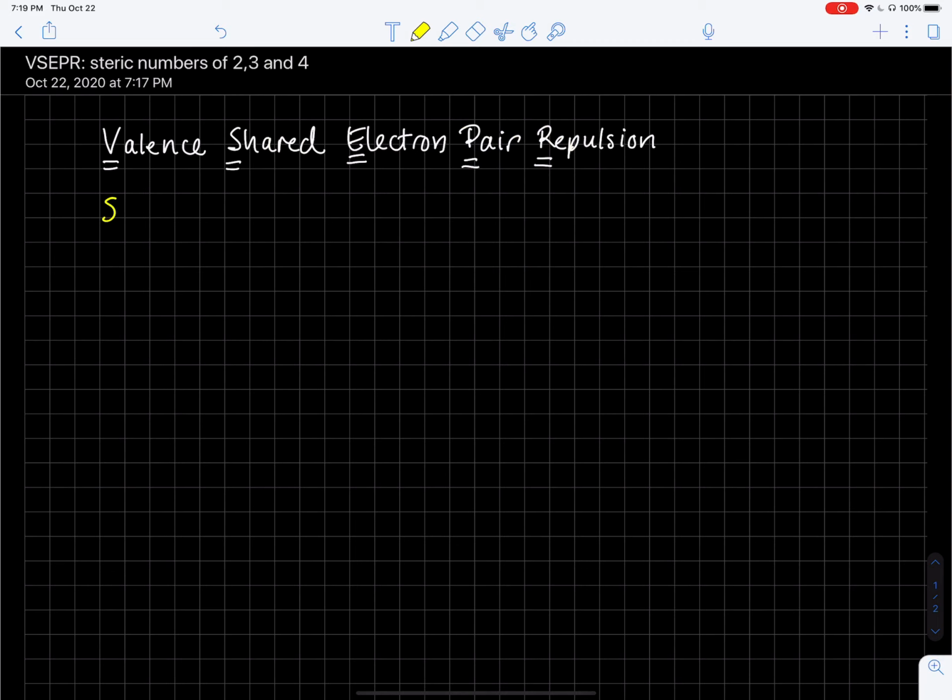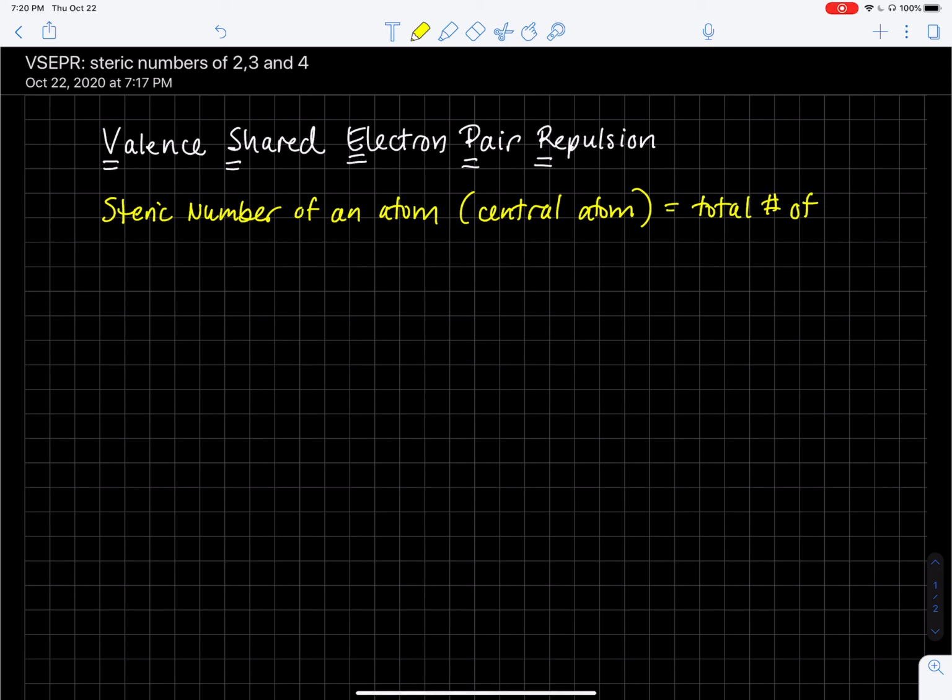So a steric number of an atom, and generally this is a central atom in a molecule, is the total number of atoms plus lone pairs attached to that atom.